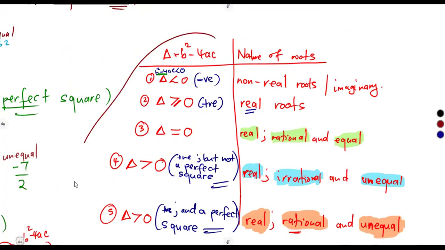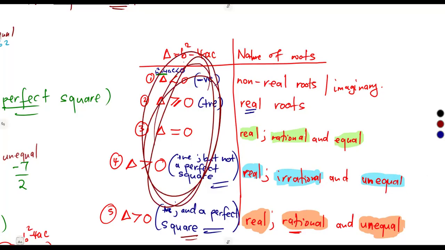Is it negative? Is it positive, just greater than 0? Is it greater than 0 but not a perfect square? Or is it a perfect square? Which condition are we having there?